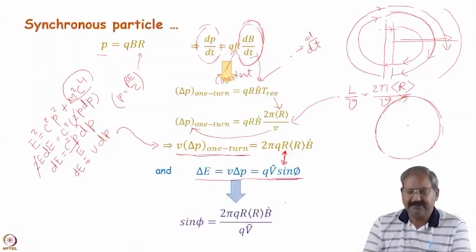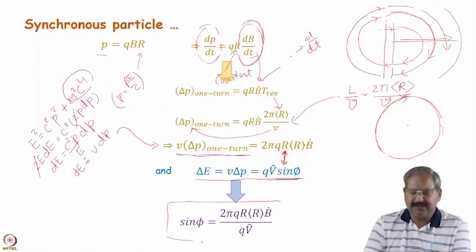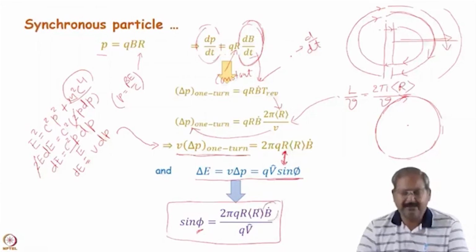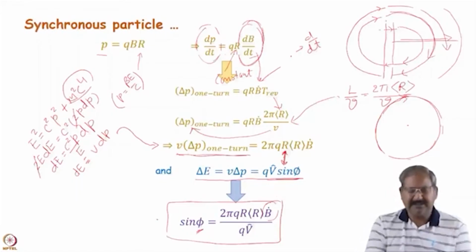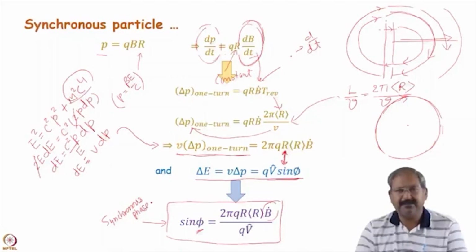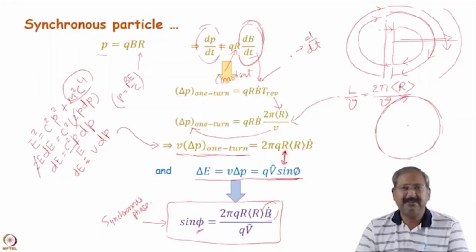So this gives you what the synchronous phase should be corresponding to dB by dt in a synchrotron, so that the particle remains on the constant orbit. This is valid for the synchronous particle, so this phase is the synchronous phase. One beautiful thing is that if dB by dt is 0, the synchronous phase becomes 0.